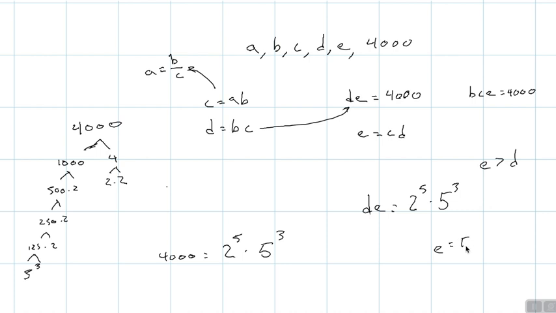What if E were 5 to the third times 2? That would be 250, and what times 250 is 4,000? 250 times 16.